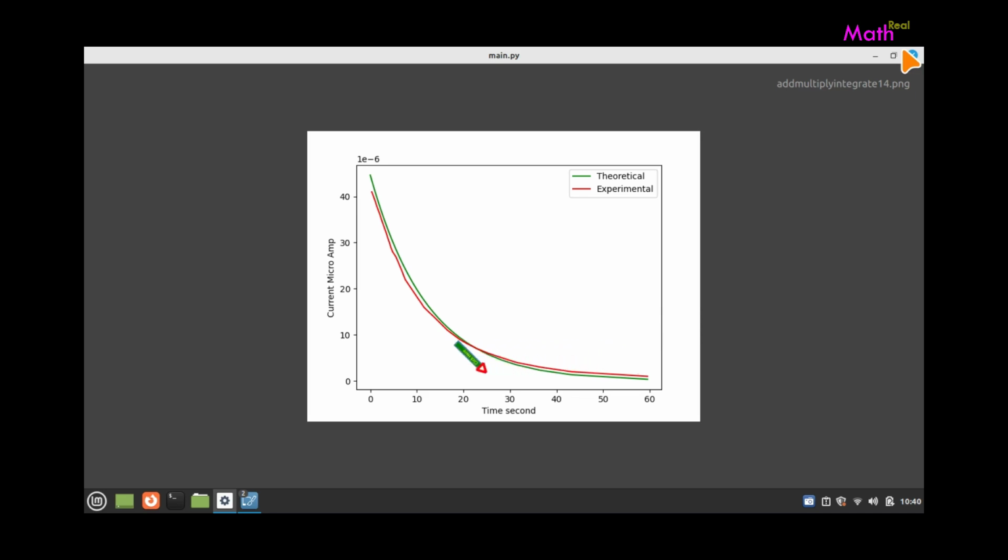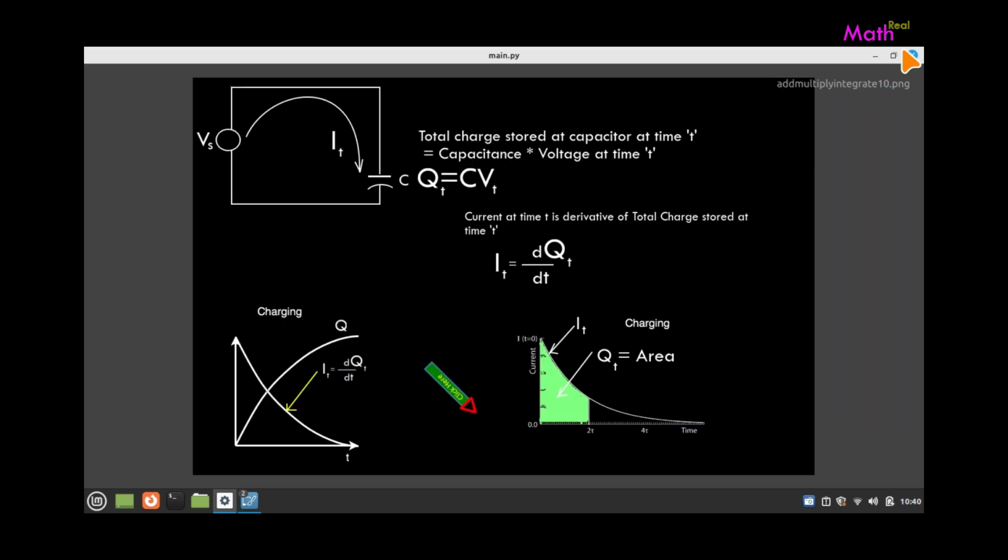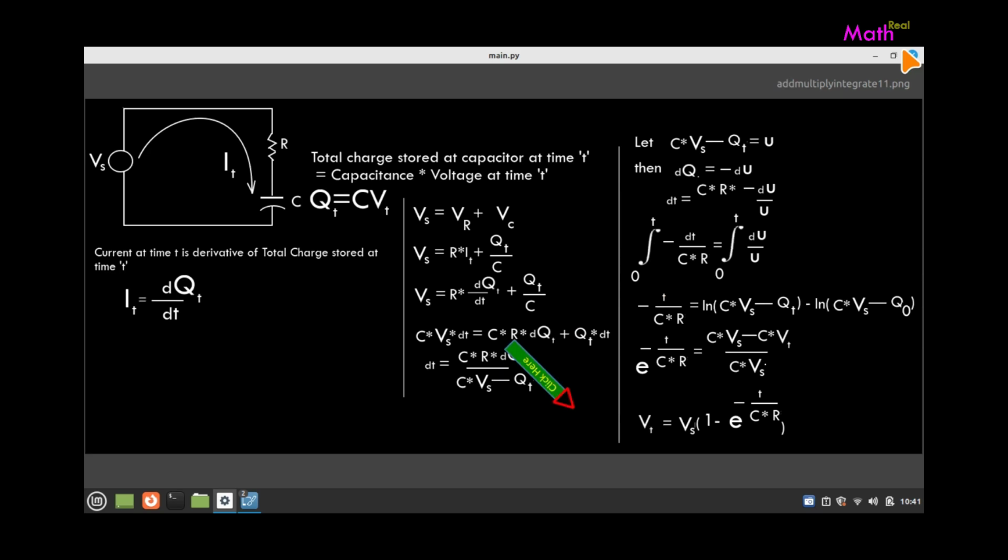I can say that the differentiation concept, what we are thinking, that if we know the area, differentiation of the area is the line equation. If I know the line, then area is its integration. So this is the concept that we prove if we know the formula.